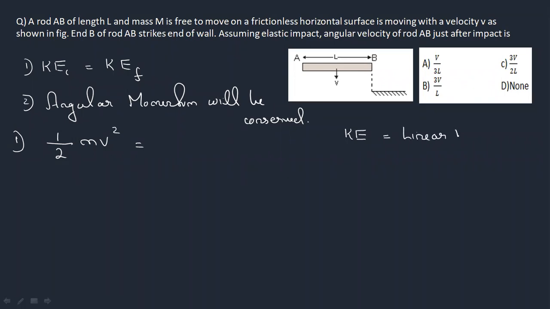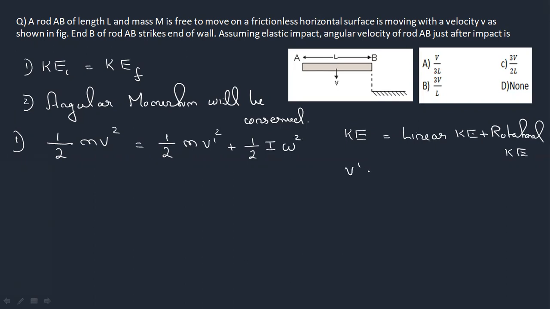After impact, it is going to be linear kinetic energy plus rotational kinetic energy. So half m v square is equal to half m v dash square plus half I omega square.